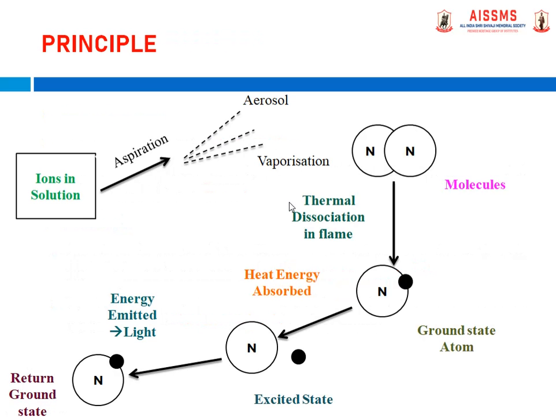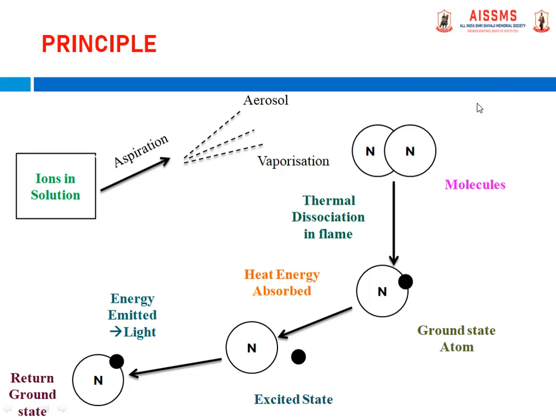The principle of flame photometer is: in sample, unknown metal particles convert into aerosol form. The solid particles move towards the flame where the gaseous atoms and ions are produced.